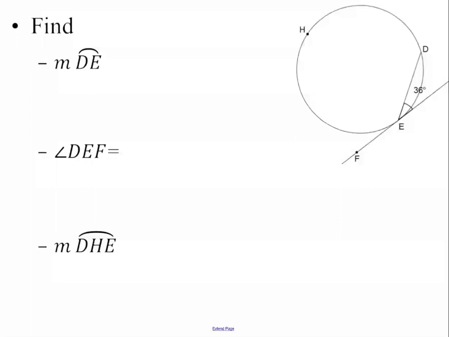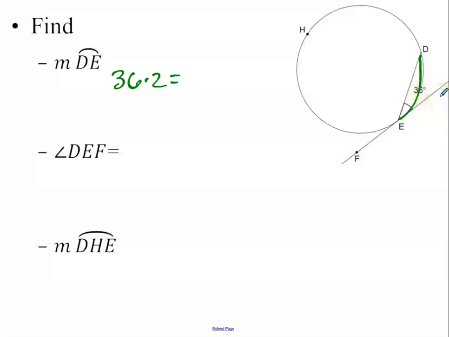And so that means this arc has to be 36 times 2, because the angle is half as big as the arc.